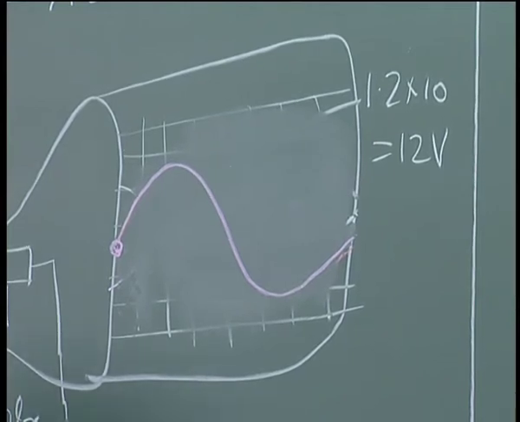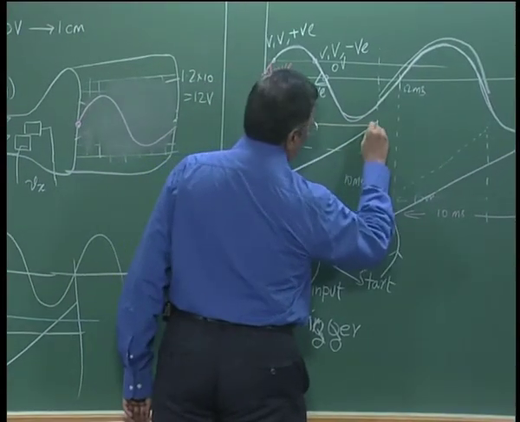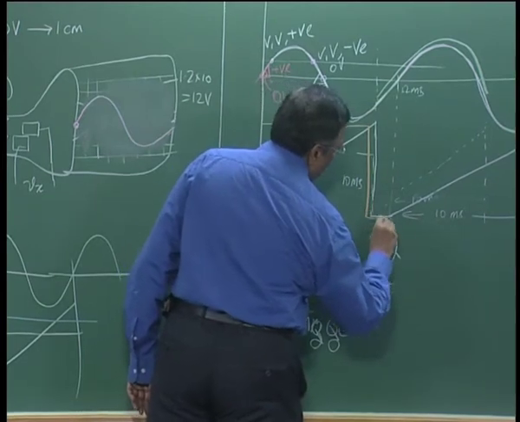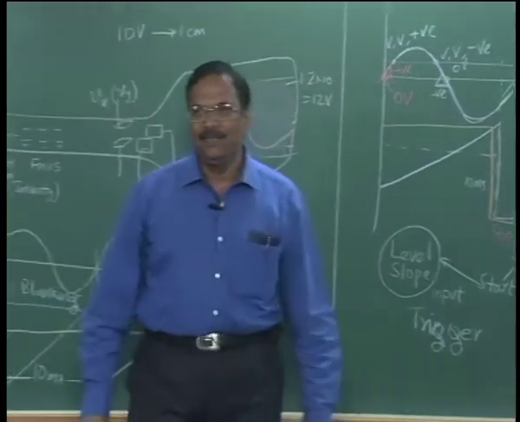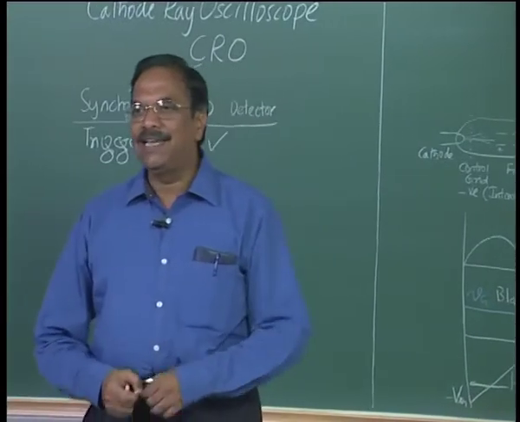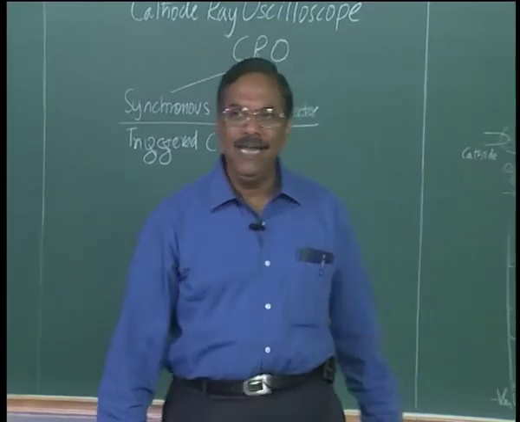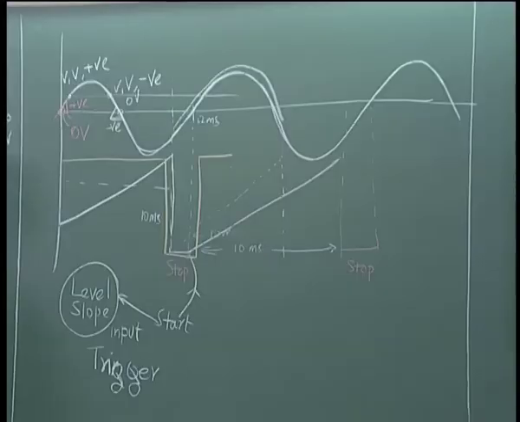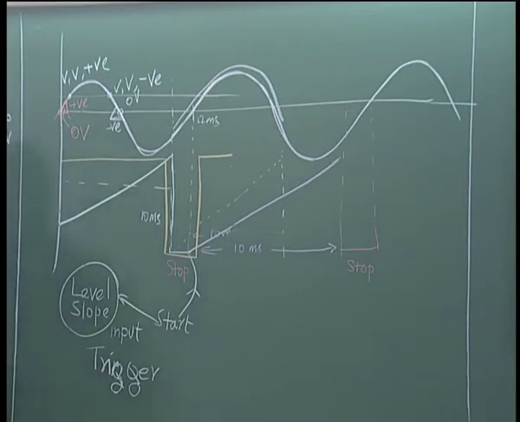So, again we have the same solution. Instead of generating the blanking pulse at the end, we extend the blanking pulse till the start signal arrives. Now, the blanking pulse width will be much more. It will start just prior to the end of the sawtooth, and it will extend till the start of the sawtooth signal comes in.